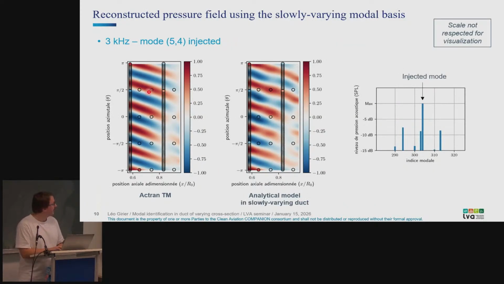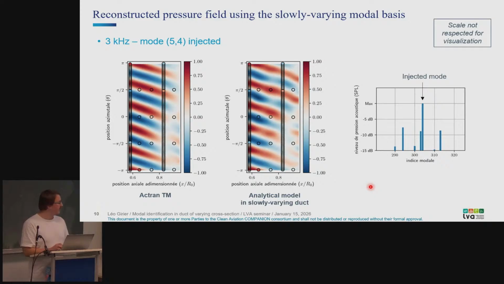Here you can see on the left-hand side the numerically simulated pressure field that we try to retrieve with our model basis, and in black circles, the positions of the microphones that I showed you before. What we do is take the pressure simulated only at these black circle locations and project it into our slowly varying model basis.